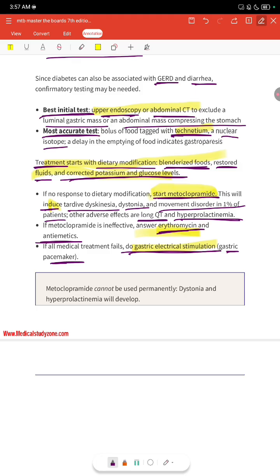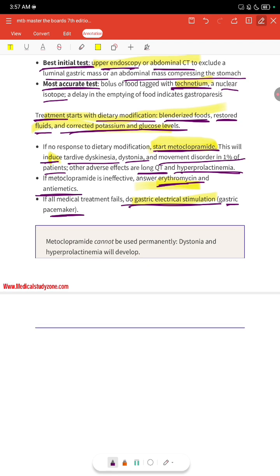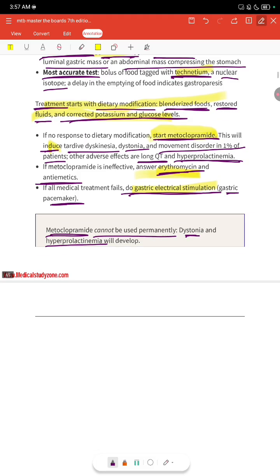A gastric pacemaker will cause gastric electrical stimulation and it will relieve the symptoms. Metoclopramide cannot be used permanently because dystonia and hyperprolactinemia will develop.